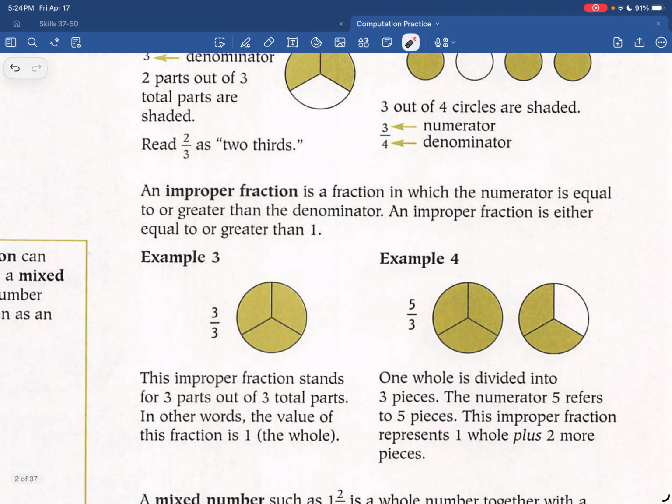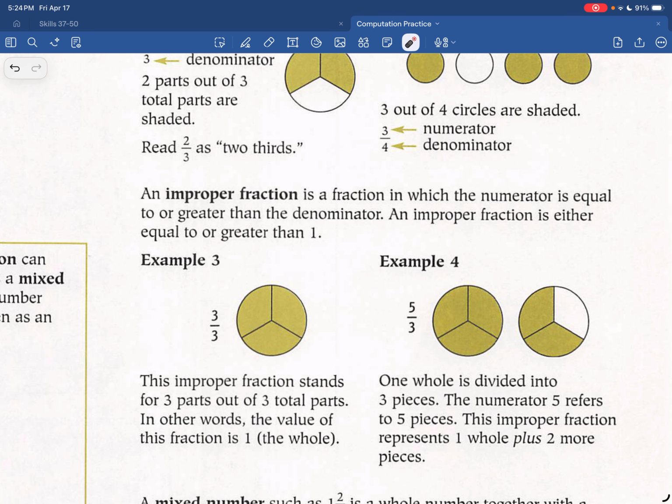An improper fraction is a fraction in which the numerator, the top number, is equal to or greater than the bottom number, the denominator. An improper fraction is either equal to or greater than 1.